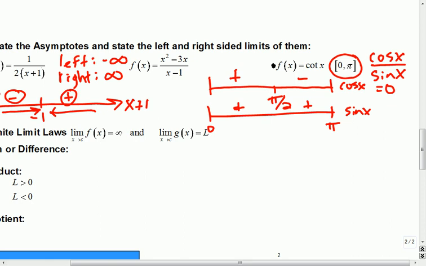Where are the asymptotes going to be? Can somebody give me a value of x where we would find an asymptote of the cotangent? How about David?